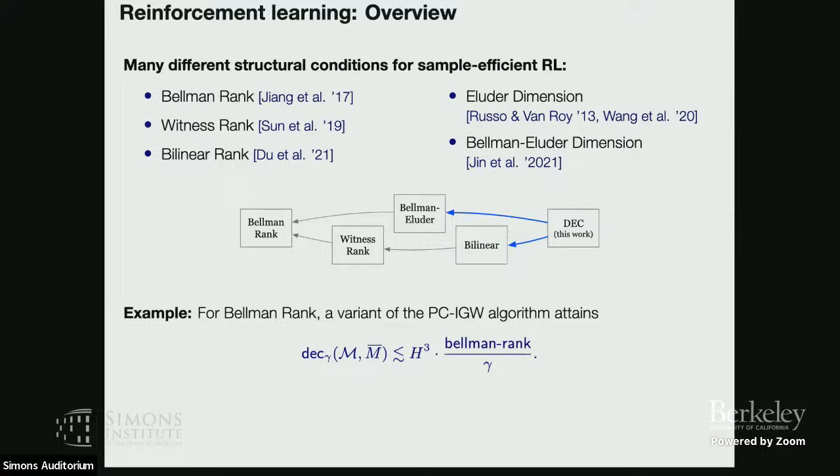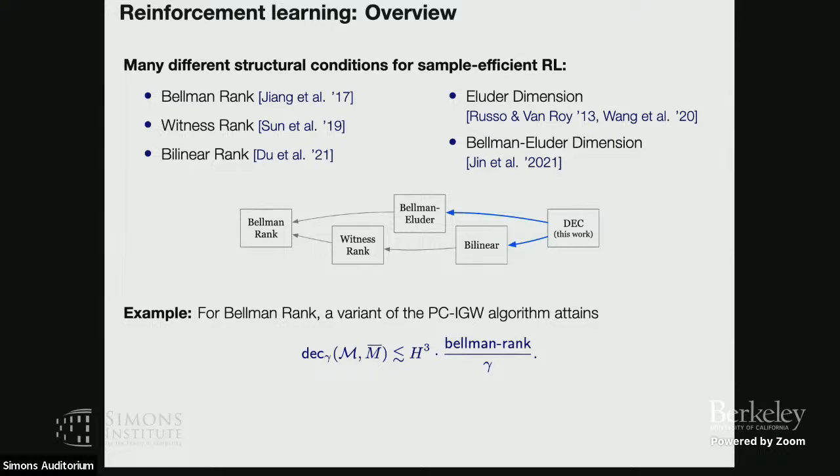If you look at Bellman rank, for example, you get something like the DEC scales as Bellman rank over gamma. That's cool. One caveat here is this does not always lead to end-to-end guarantees right now, because the estimation complexity can be quite large for some of these settings. This is an interesting future question.